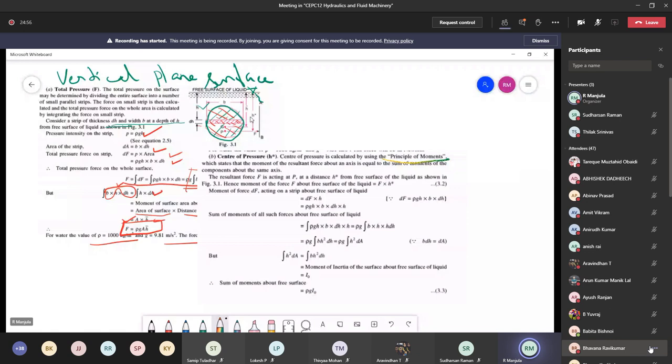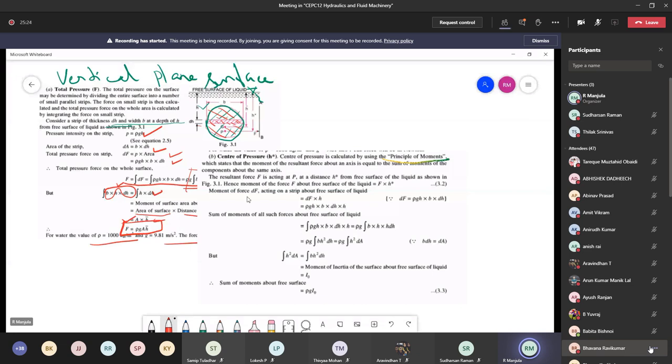The principle of moments states that the moment of the resultant force about an axis is equal to the sum of the moments of the components about the same axis. So the resultant force F is acting at this point P, at a distance of H star.